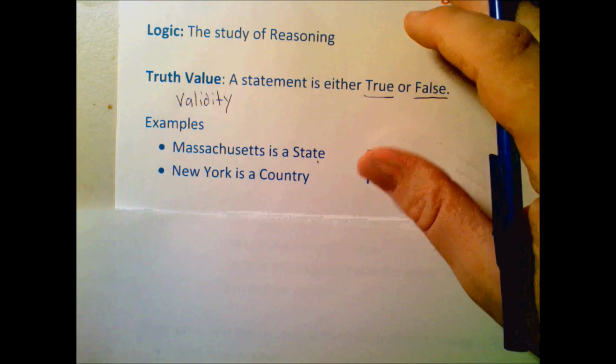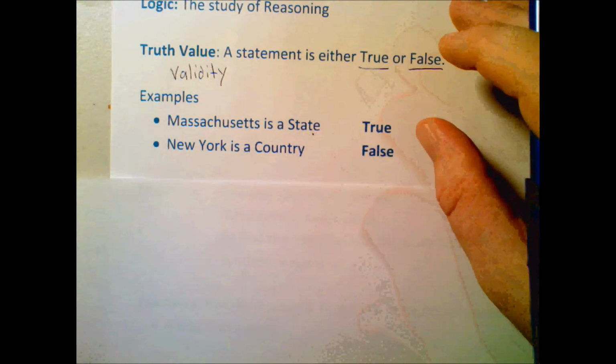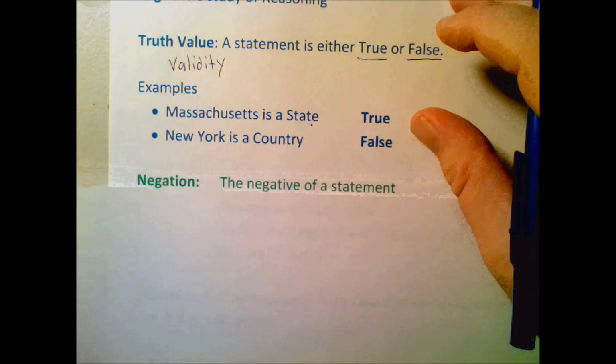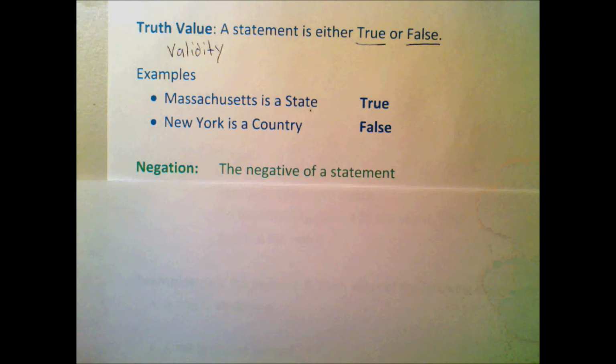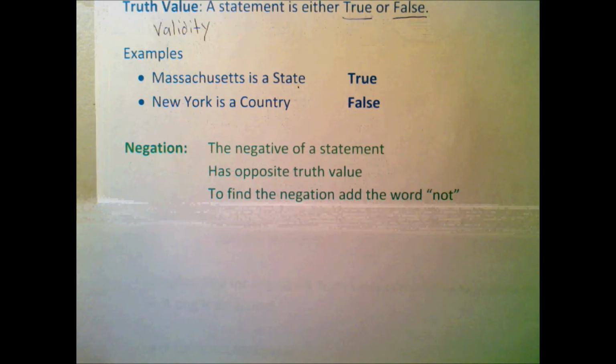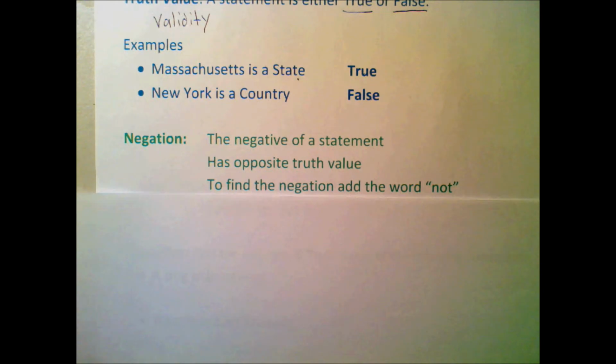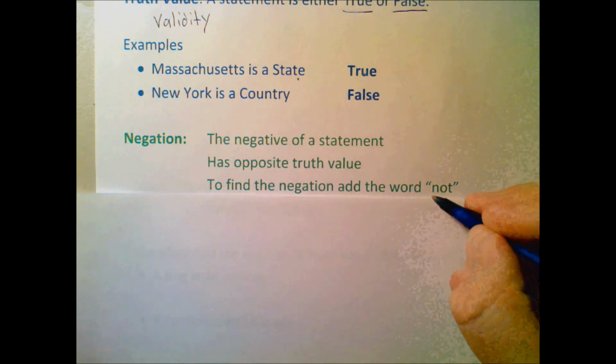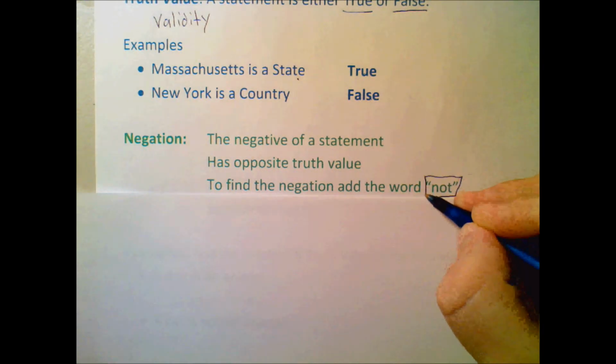Now, we'll talk about negation. Now, when you think of negation, you should think of the word not. The negative of a statement is going to have the opposite truth value, meaning if a statement is true, the negation of that statement is going to be false. Now, all you have to do in order to find the negation of a statement is to add the word not, and this is the important part.